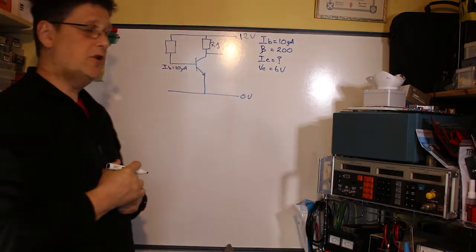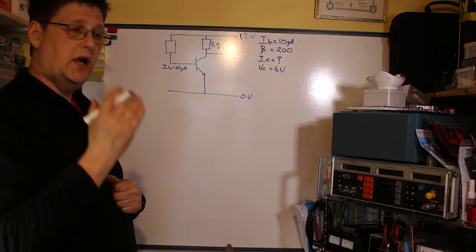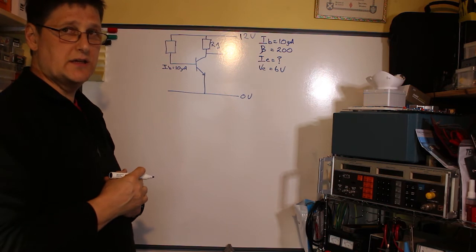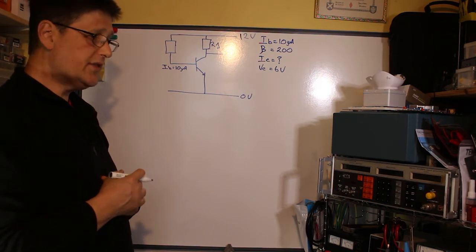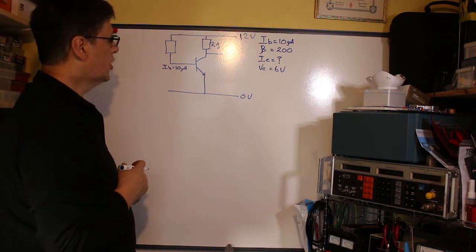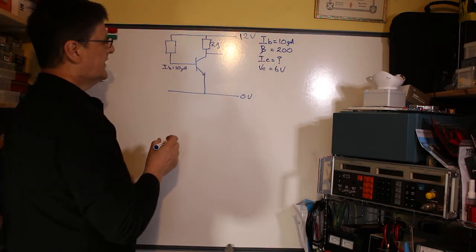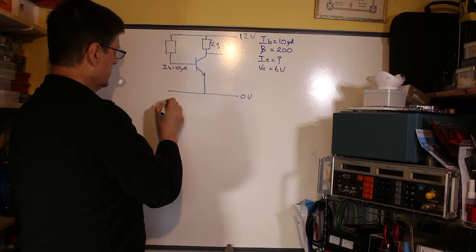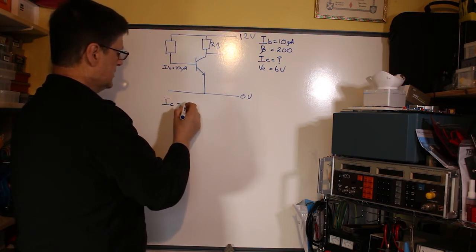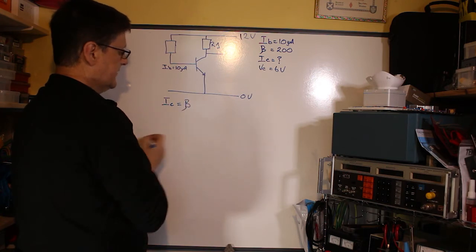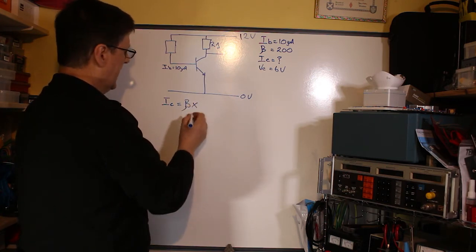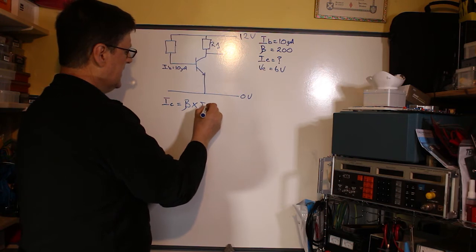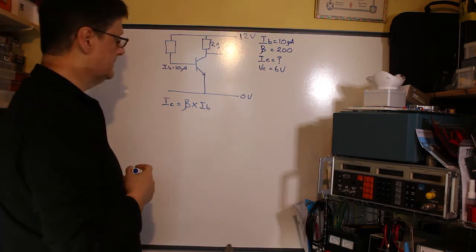So a couple of things we need to remember here. Going back to our intermediate theory on transistors, we know that if you want to know the collector current, IC, that equals the beta, the gain of the transistor, multiplied by IB, the base current.